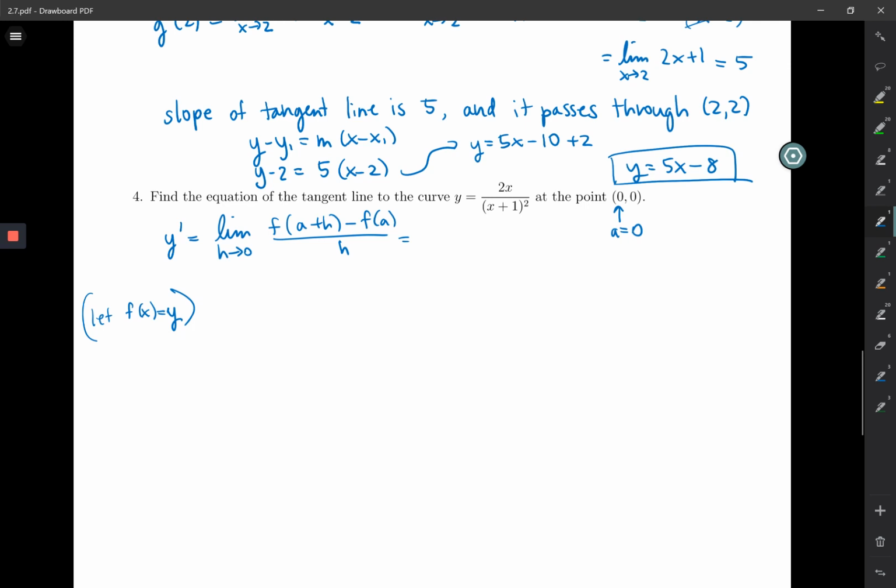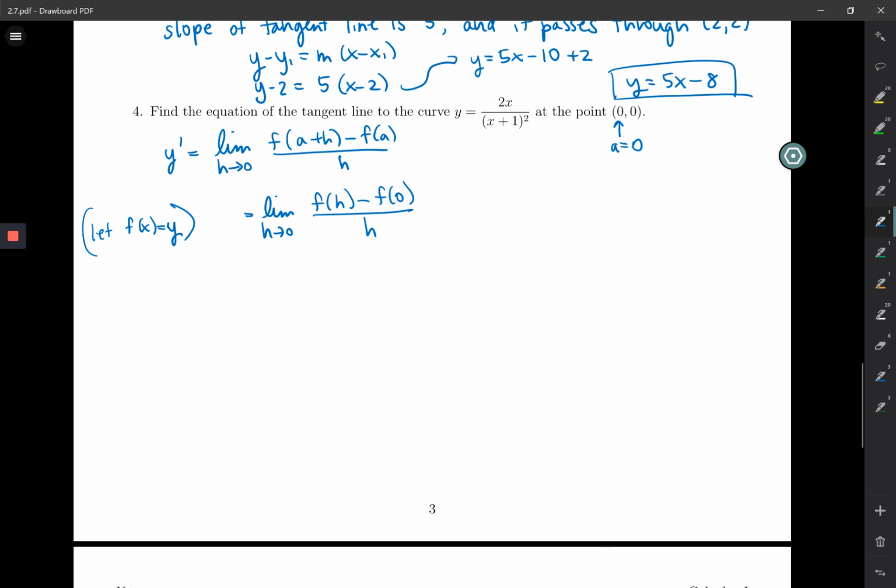Okay, so just plugging in the formulas, I will get 2 times a plus h over a, oh sorry, my a is actually, I should do that part first. Okay, so my a is equal to 0, so this is actually just f of h minus f of 0 over h, right?